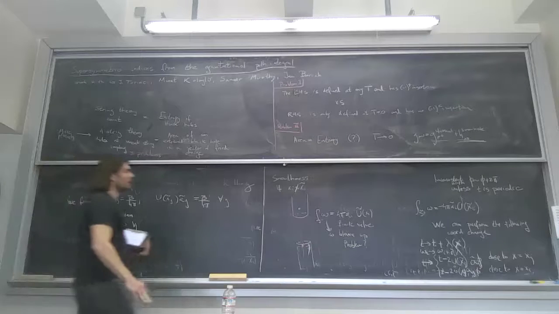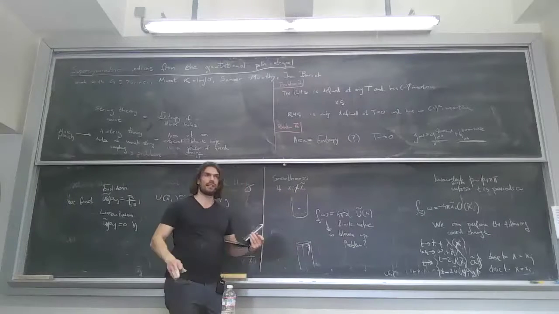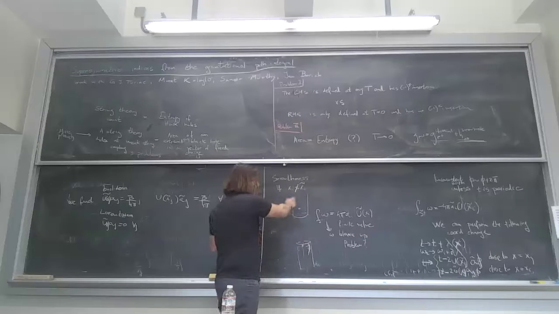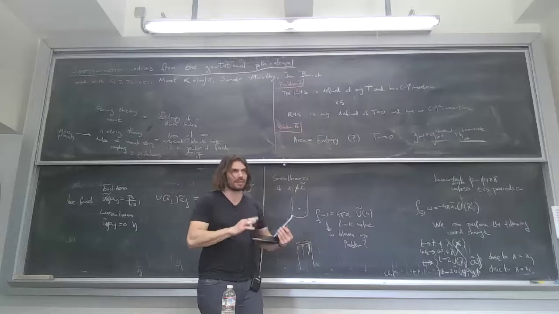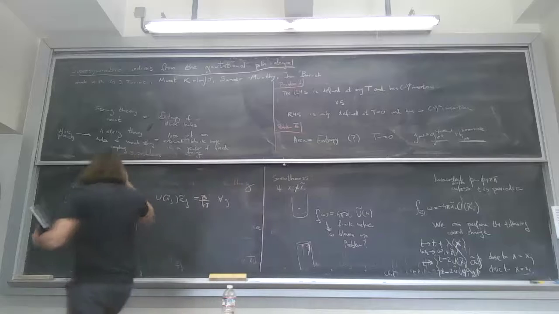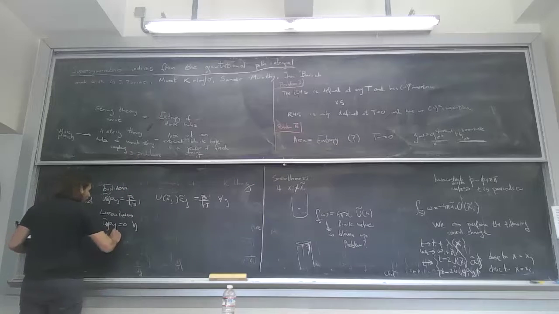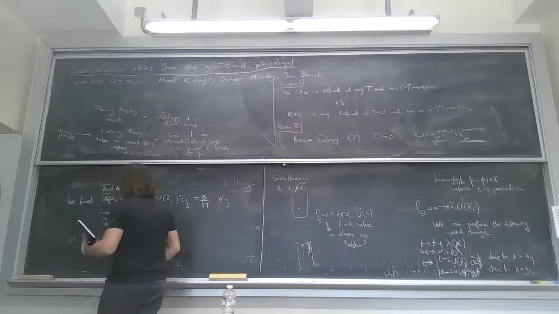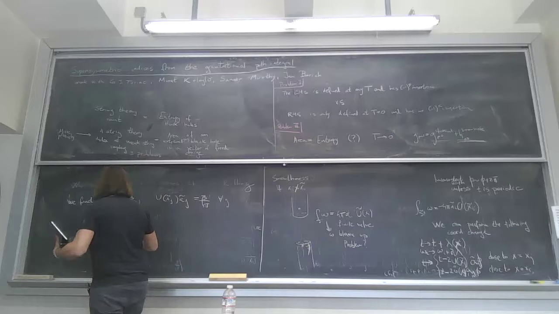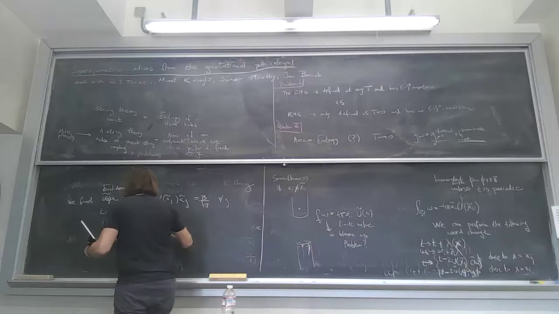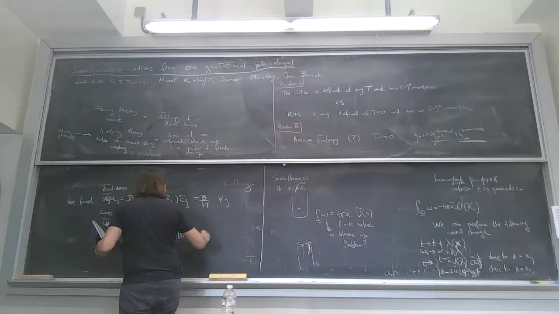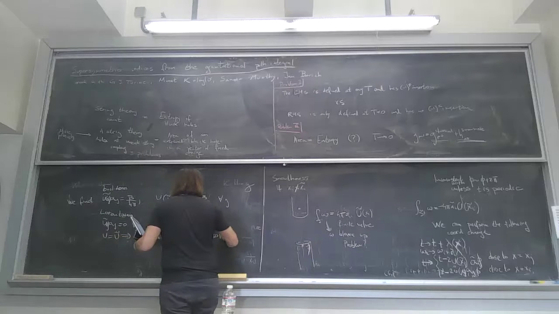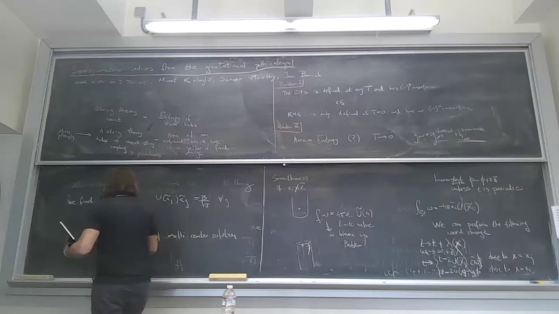Or the other option is for xi to be equal to xi tilde. If xi is equal to xi tilde, then the way in which I apply Stokes' theorem here is incorrect, actually. So the other option is for u to be equal to u tilde, in which case you obtain a class of solutions called the extremal multi-center solutions. The name that people usually give them is Majumdar-Papapetrou solutions.